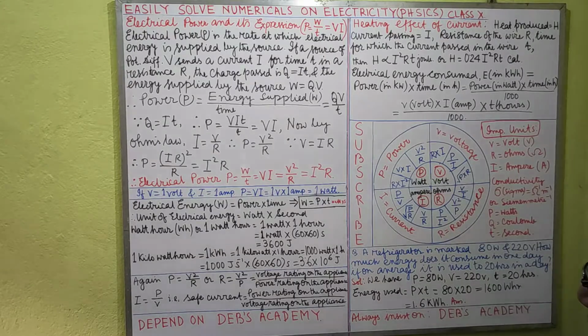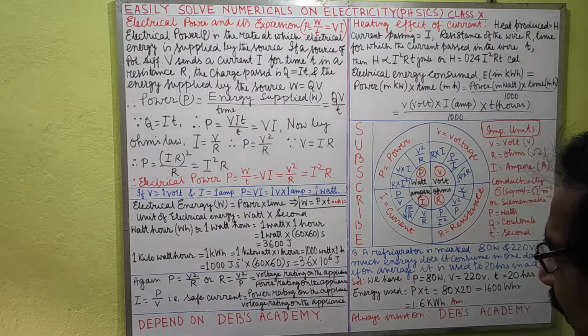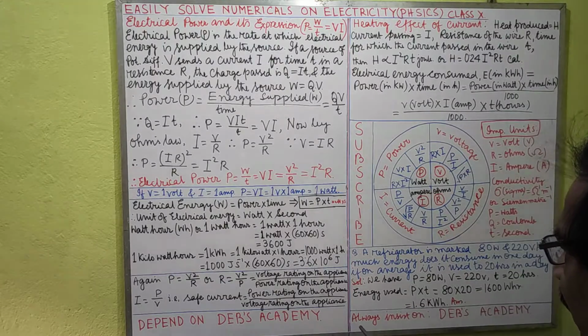Again see that P equal to V square by R, or R equal to V square by P, that is voltage rating on the appliance squared by power rating on the appliance. And the current I equal to P by V, which is known as set current. Set current equal to power rating on the appliance by voltage rating on the appliance.